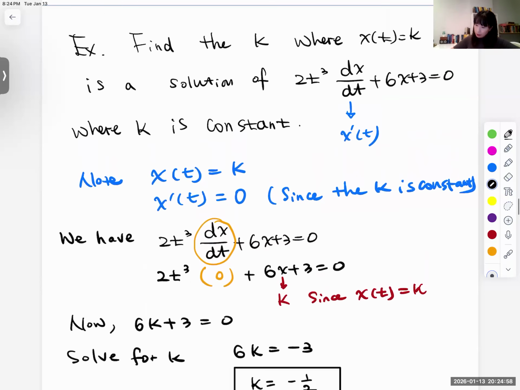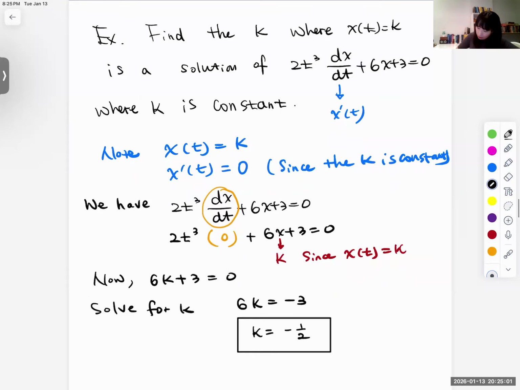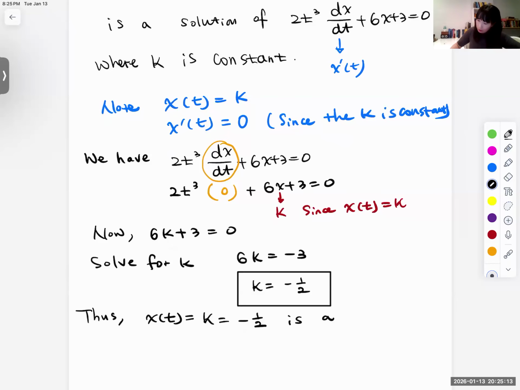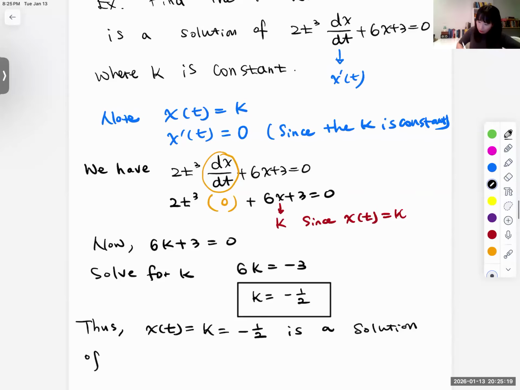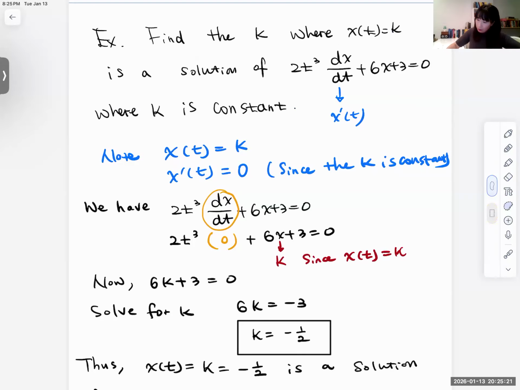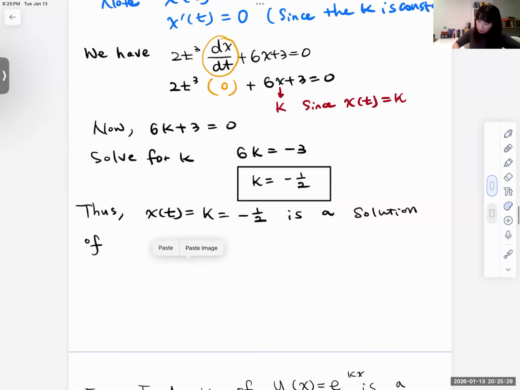So we can say that x over t equal to k, which is negative 1/2, is a solution of, let me just copy this one. All right, make sense?